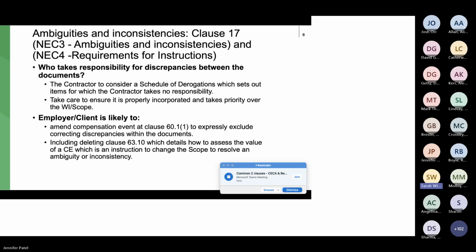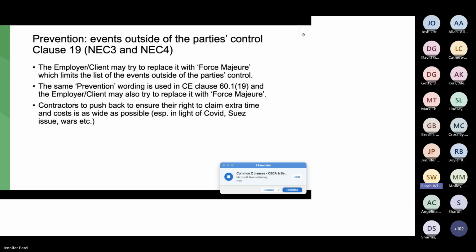And where you get ambiguities between the different documents within the contract, it's sometimes because one person has prepared one document, another person has prepared another, and so there's no one person reviewing all of the documents to ensure consistency. So if we can move on to the next slide, please.